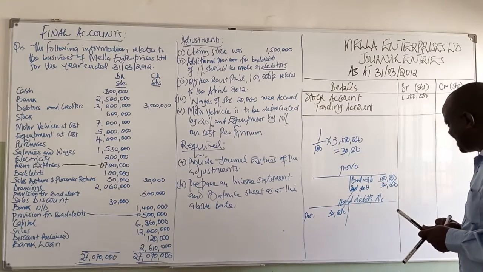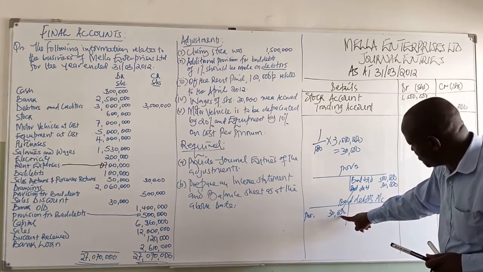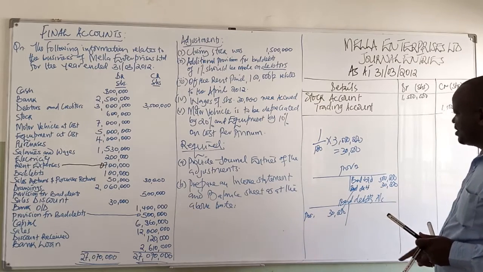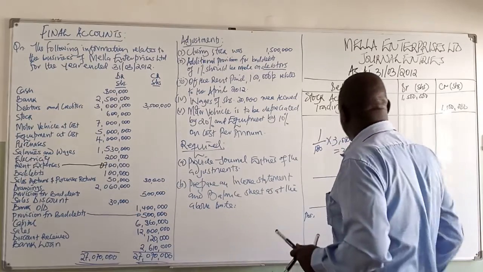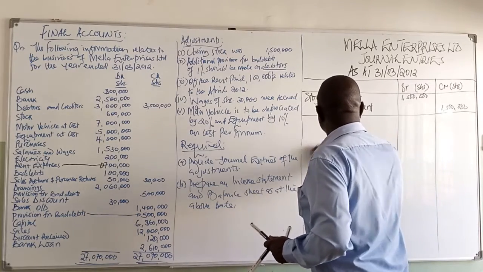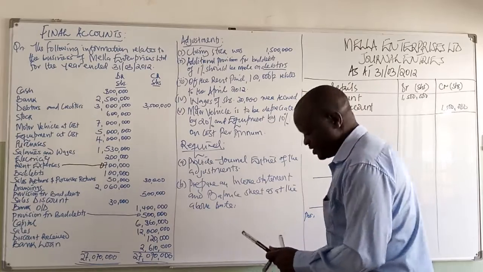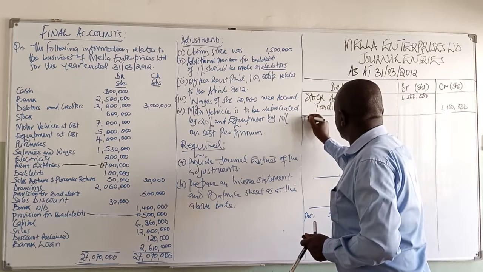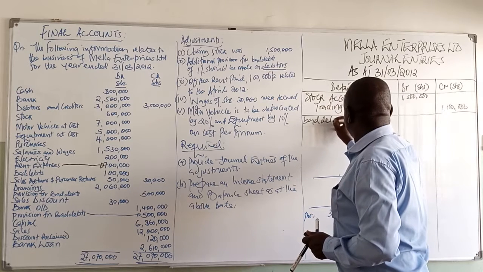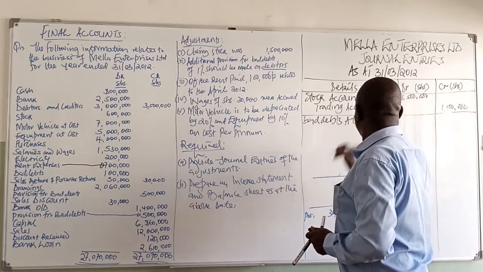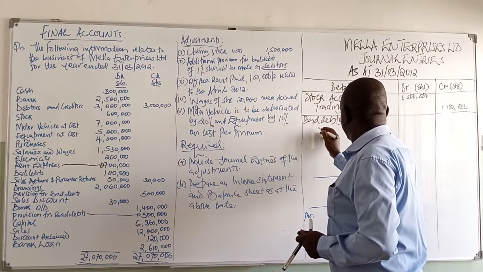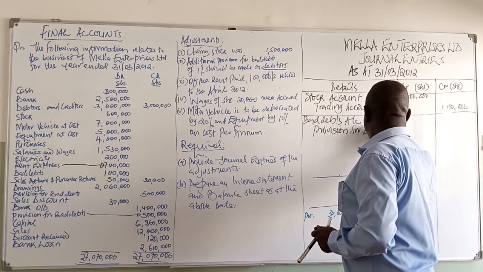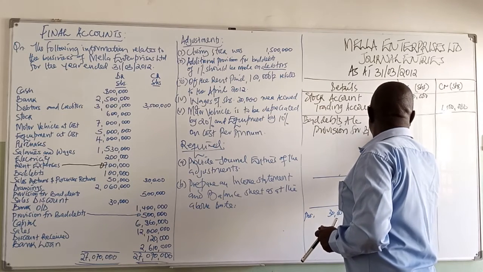And therefore we can see here that we are going to debit bad debt account and credit provision for bad debts account. So here we come and create that. We are saying here we are going to say bad debts account and credit provision for bad debts account.